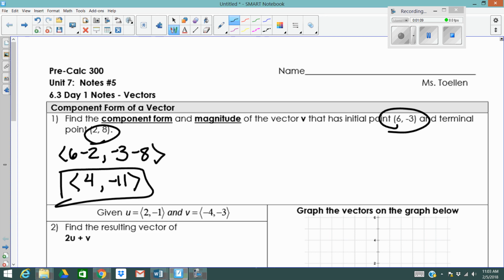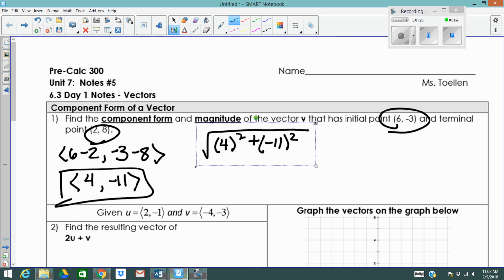Now to find the magnitude, that's just finding the hypotenuse, or the length of the vector. So I take the square root of my horizontal component squared plus my vertical component squared. So I get the square root of 16 plus 121, which is the square root of 137.